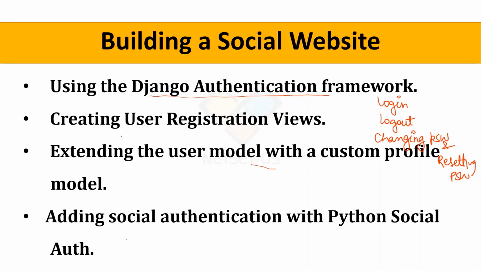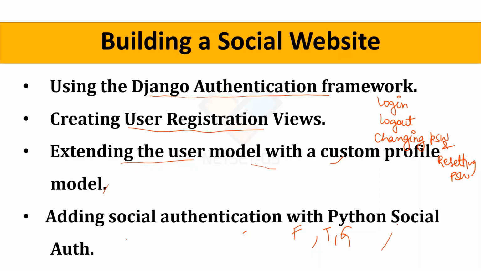Thereafter we will create a user registration view, and then we'll be extending the user model with a custom profile model. And thereafter we'll be adding social authentication to our site, where we'll be running the development server and authentication using Facebook, Twitter and Google will be activated on our site.